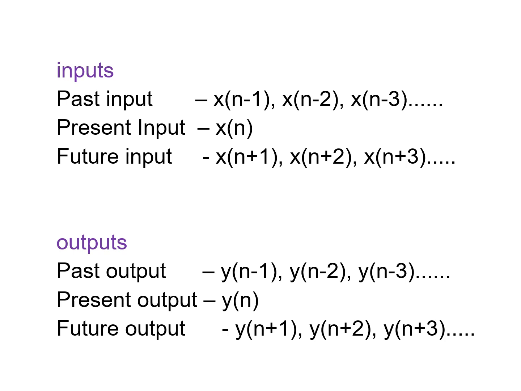For future we have to write plus. x of n-1, x of n-2, x of n-3, etc. are past inputs. x of n is present input, x of n plus 1, x of n plus 2, x of n plus 3 are future input. Similarly, output. We all know that y of n is present output, then past output y of n-1, y of n-2. Similarly, future output y of n plus 1, y of n plus 2, y of n plus 3.